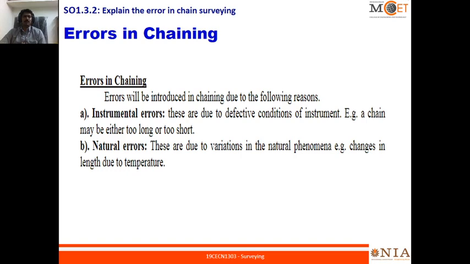This is not in our hands, but the correction has to be made. So these are the errors that may happen in chaining.